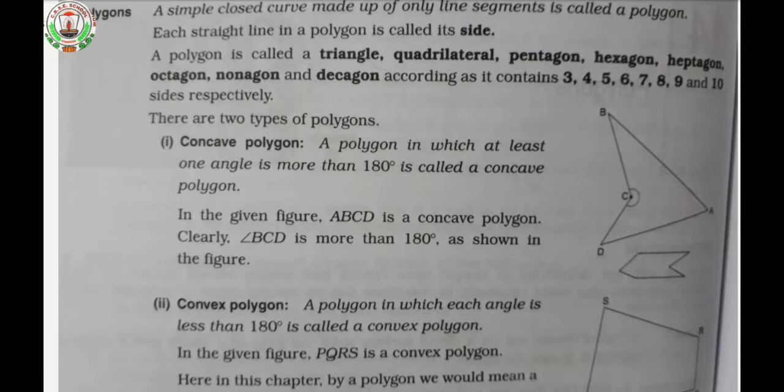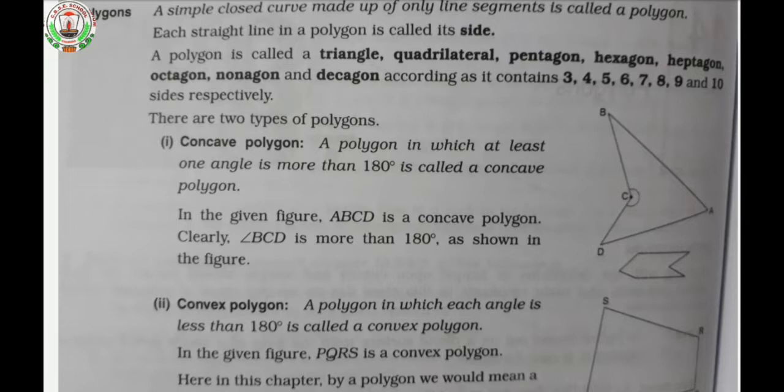Inside the angle C, ABCD is a concave polygon in which the interior angle must be more than 180 degrees. Okay, either it can be 181, 182, 190, but it should be more than 180 degrees. Such kind of polygons is said to be a concave polygon.